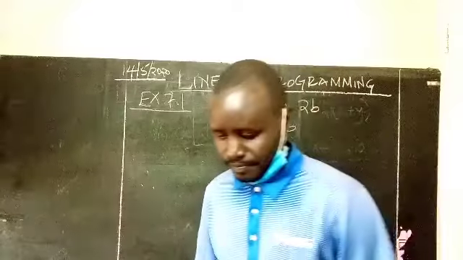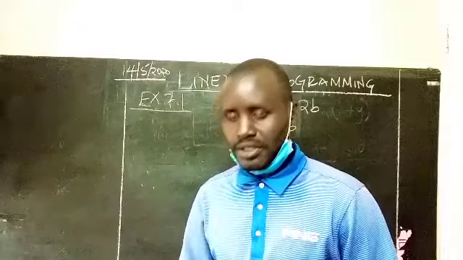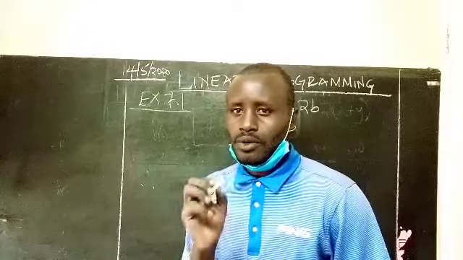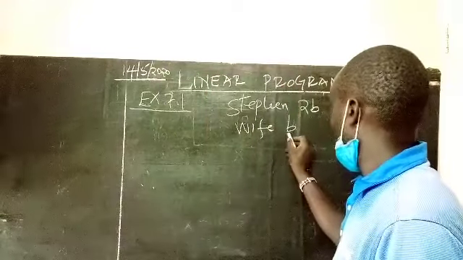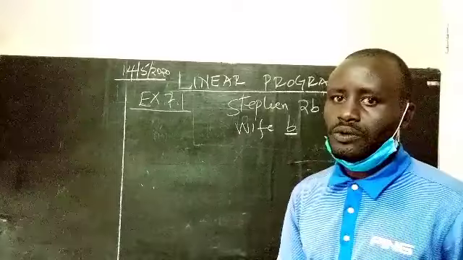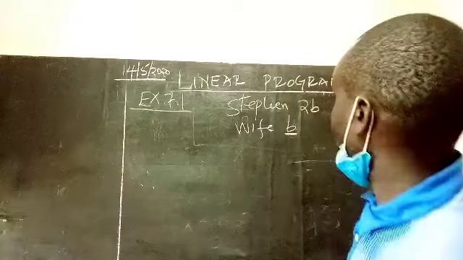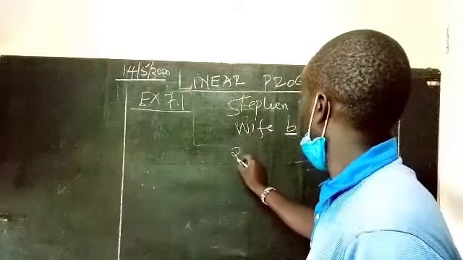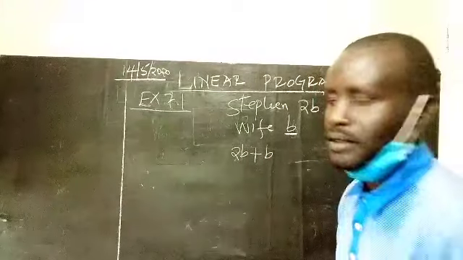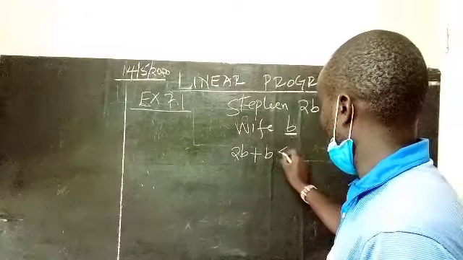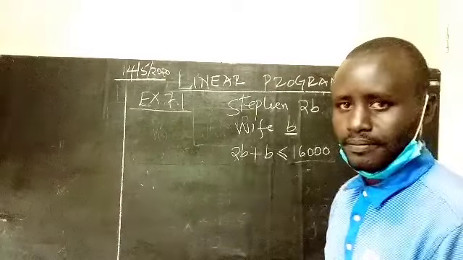But the question is, form all the inequalities in B to represent this information. So we are going to form all the inequalities in respect to this B. We know that Stephen's salary plus the wife's salary is going to give us not more than 16,000 Kenya shillings.